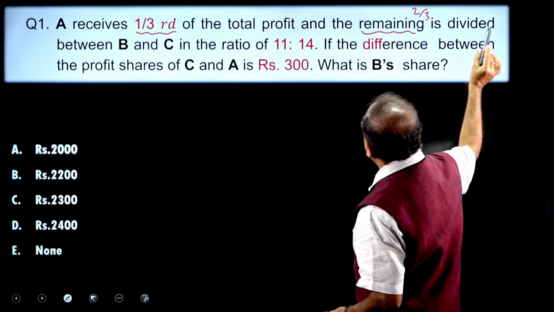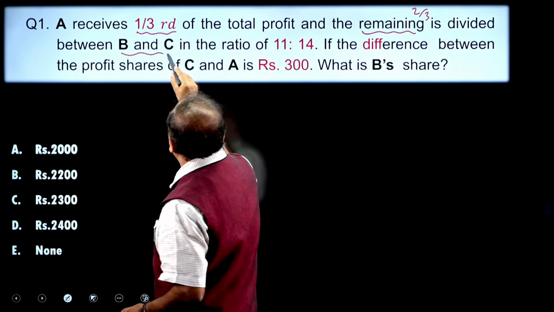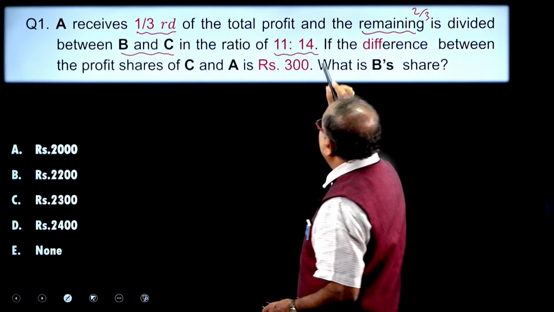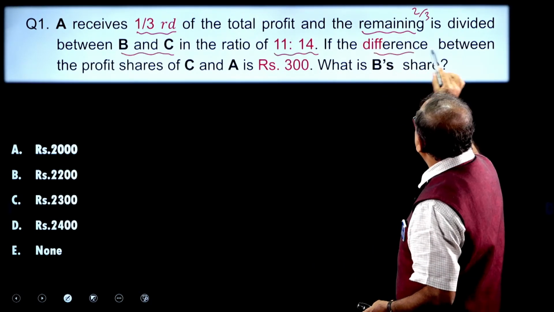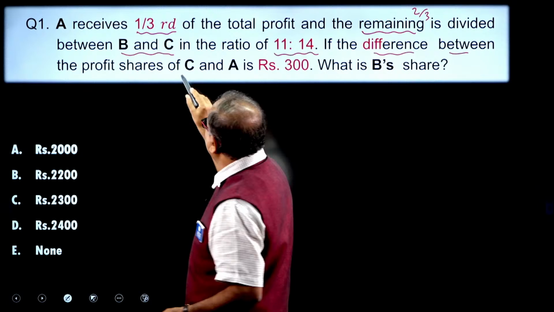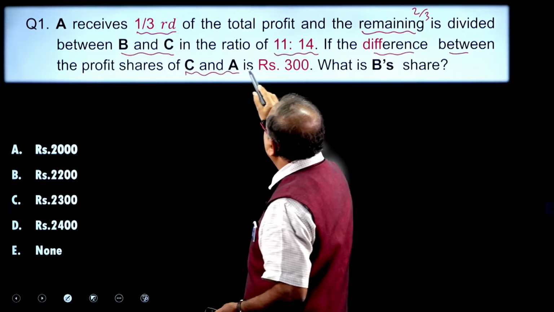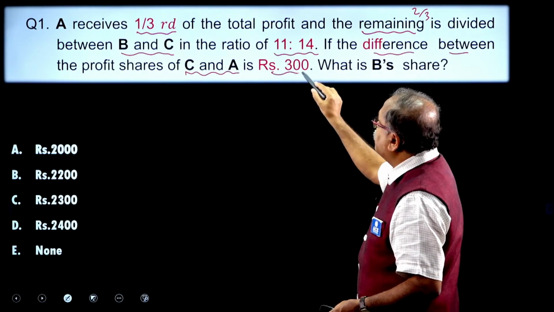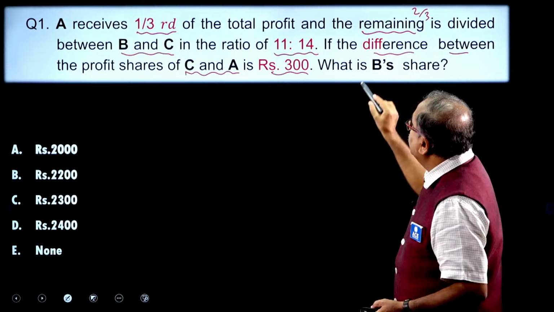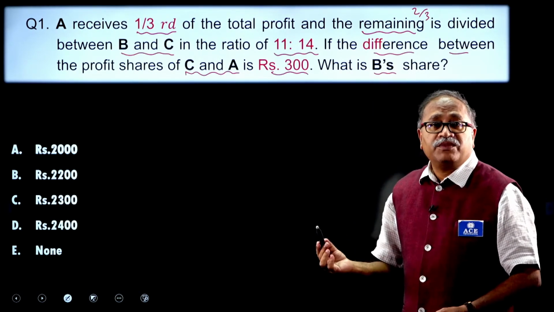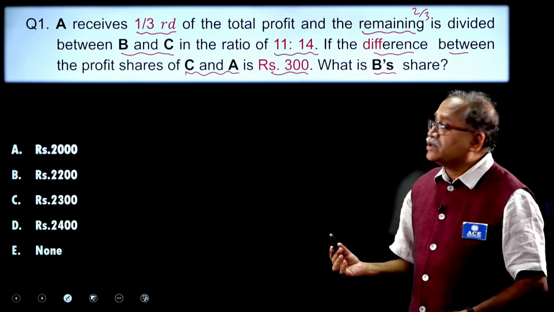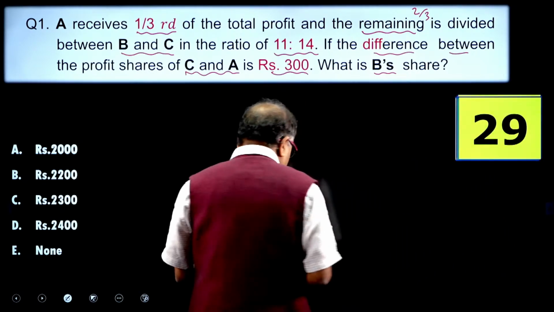So, 2/3 is divided between B and C in the ratio of 11:14. Fine. If the difference between the profit share of A and C is 300, then what is the B share? A very simple prelim level and frequently asked question. Come on my dear friend, your 30 seconds starts now.